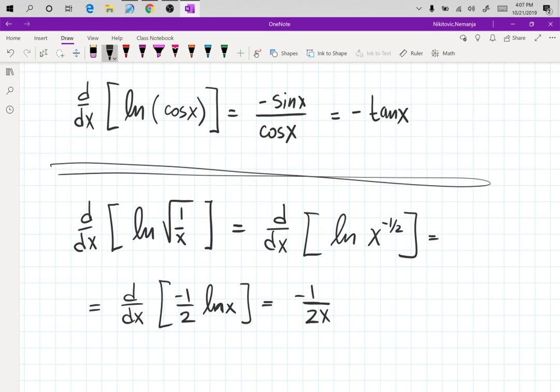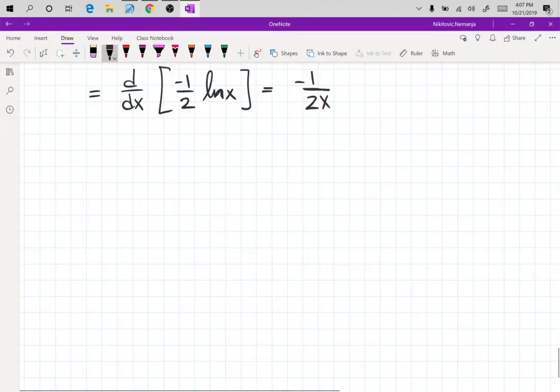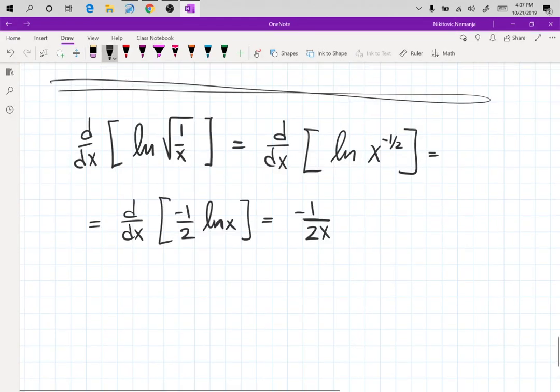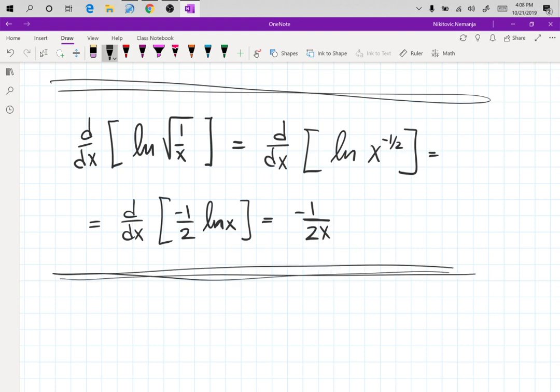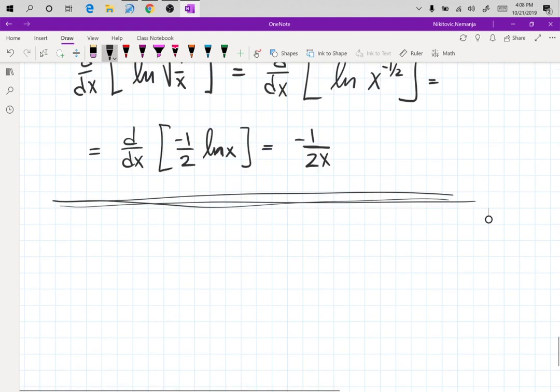And when you differentiate, you get to copy the constant. So even if you do this the long way using the formula, it must simplify into this. If you did everything correctly, it will simplify into -1 over 2x. Cool.